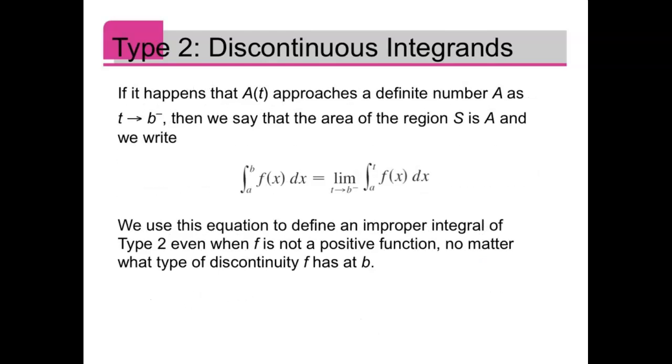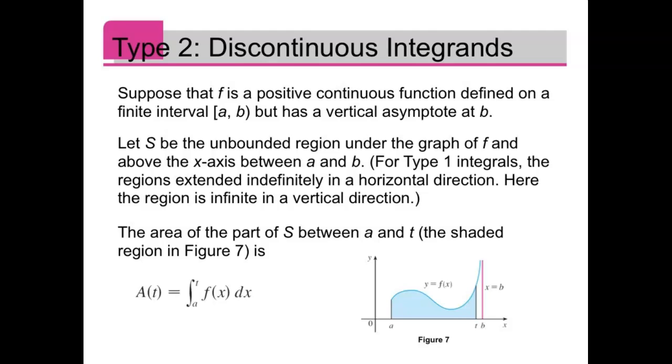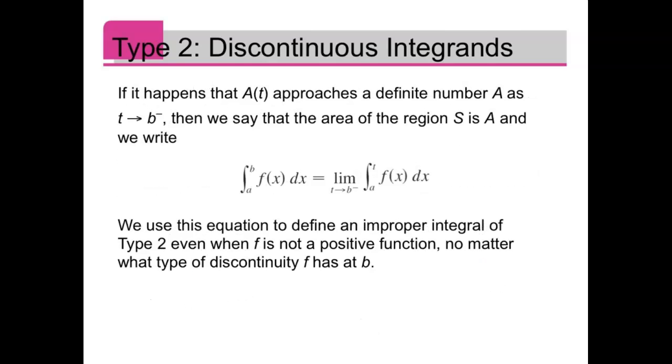And we deal with it kind of the same way, except we're going to use one-sided limits. So for a function like this, where the upper limit is a vertical asymptote, I'm going to replace that upper limit with a variable, say t, and then I'm going to take the limit as t approaches that vertical asymptote from the left-hand side.